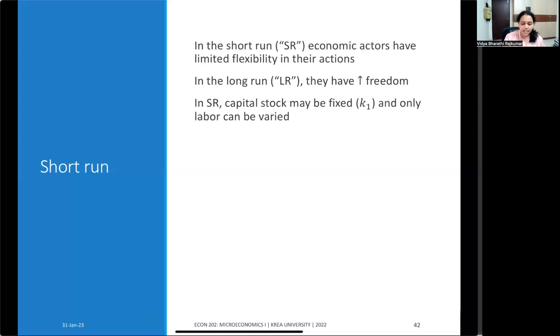So we go ahead and say that in the short run, capital stock may be fixed at some value K1 and we only allow labor to vary. In such a world, the production function in the short run then becomes a function of K1 and L, where K1 denotes the fixed amount of capital, which cannot be varied in the short run.